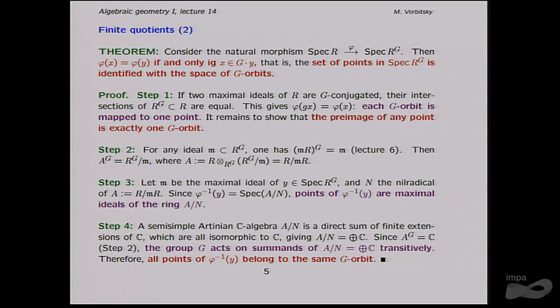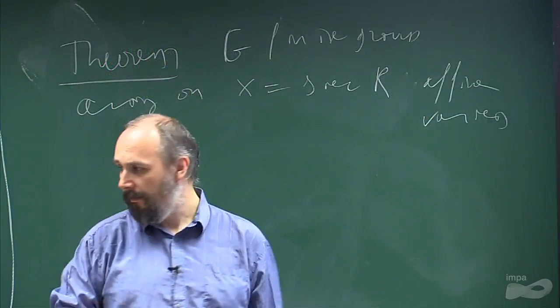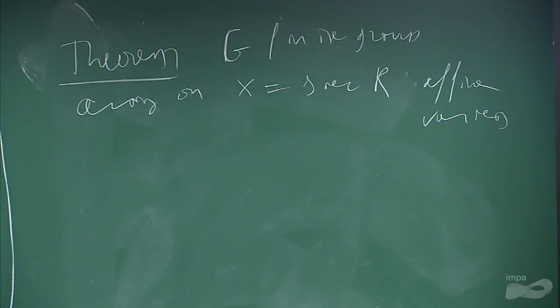So, theorem. We have a finite group G acting on X, which is the spectrum of R, an affine variety.